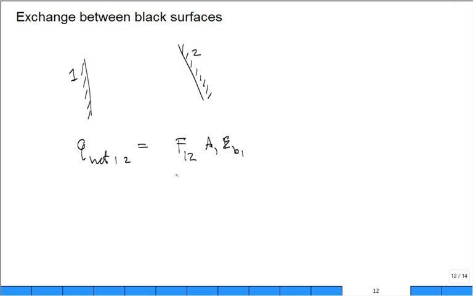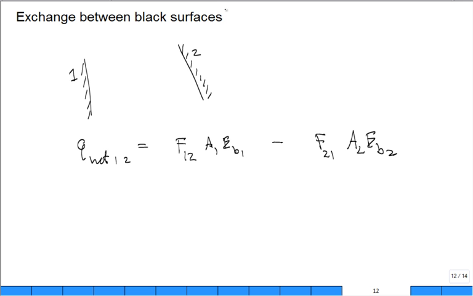But that's the one way. The back way is that we have the area 2, and then we have the black body emissive power of 2. That's how many watts are coming off of 2. And if we multiply that by the fraction that go from 2 back to 1 and subtract it, won't we have then the net transfer? Remember, a surface is always emitting photons.